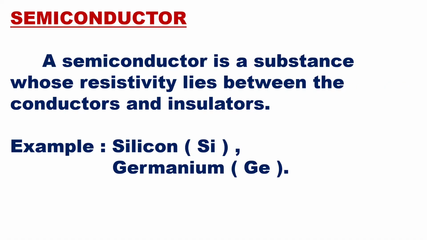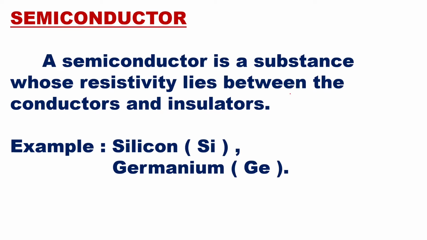A simple definition of semiconductor says that it is a substance whose resistivity lies between conductors and insulators. Resistance means opposition to the flow of charge carriers, opposition to the flow of current, like electrons or holes.